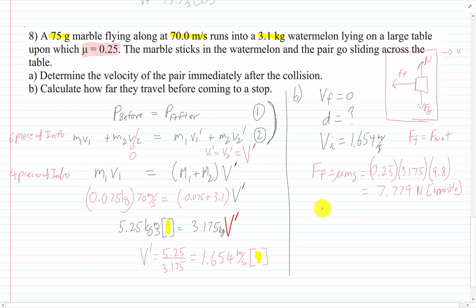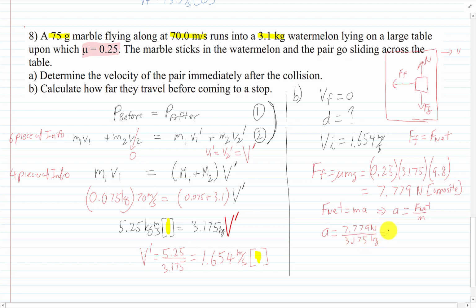So F net is equal to MA. So this gives us A is going to equal F net over M. So A is going to equal 7.779 newtons divided by 3.175 kilograms.